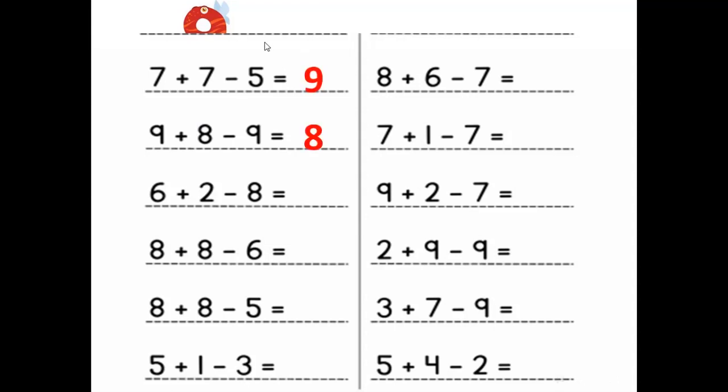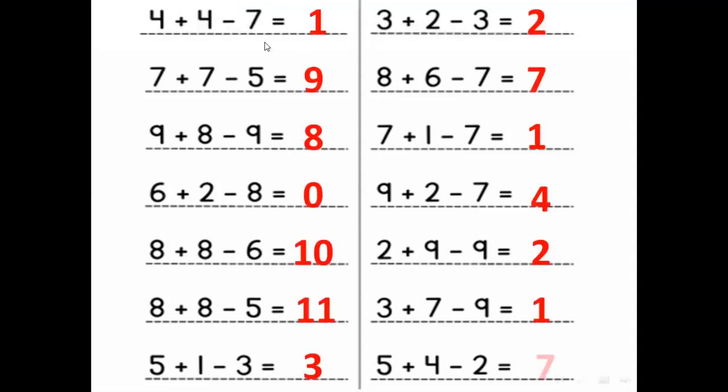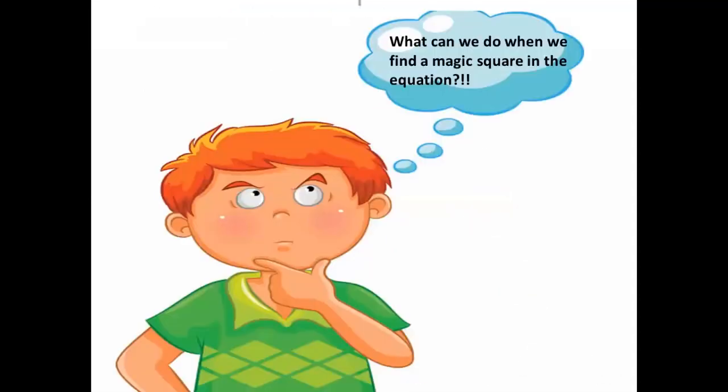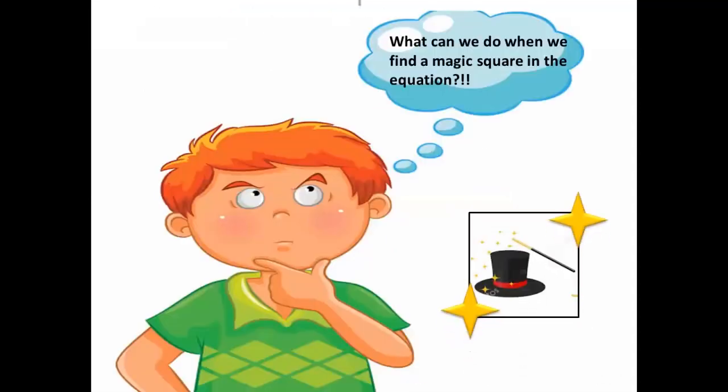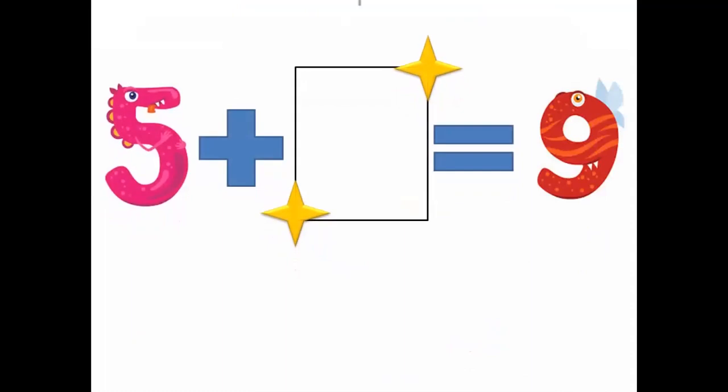Good job. Let's move to the magic square quickly. Okay. How can I do the magic square? Do you remember? When I have Mr. Plus in the magic square, what shall I do? Mr. Magic Square will do magic to the sign. Will it change plus into minus?